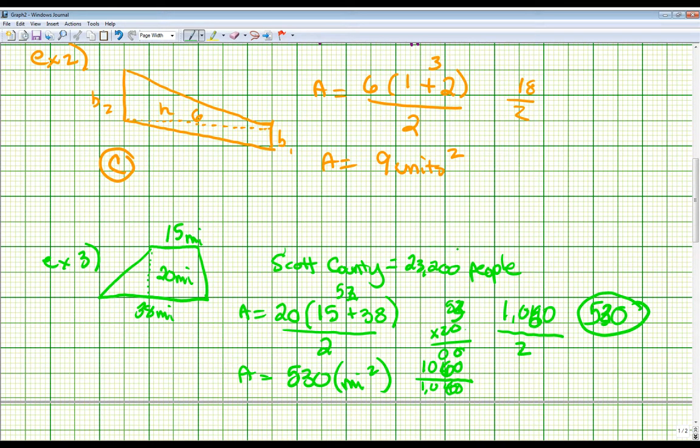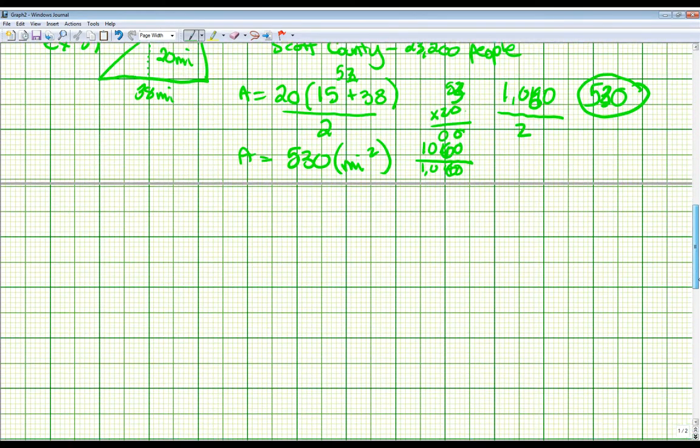If we go back to the question, it says about how many people are there per square mile. So what we have to do here is take 530 square miles and 23,200 people and divide them to figure out about how many people there are per square mile.